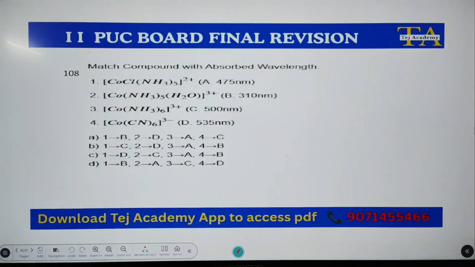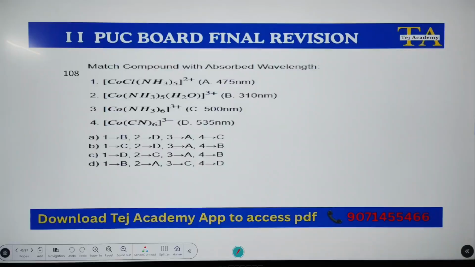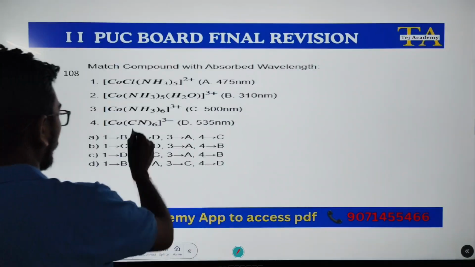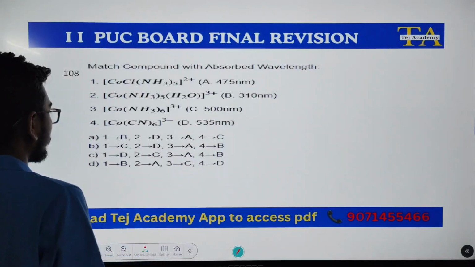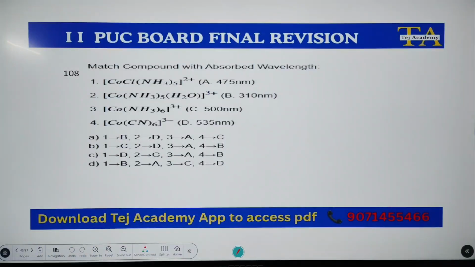Match the following. You just have to match the compound with wavelength. We know that if it is a strong ligand, then less wavelength. So for the fourth it is B. Now for the second and third, B and C we have. Again between these two we have to check now.